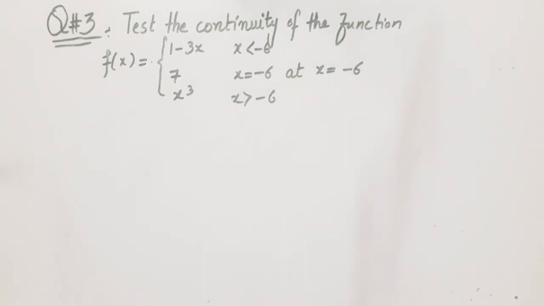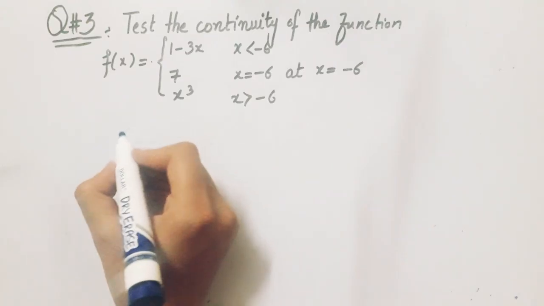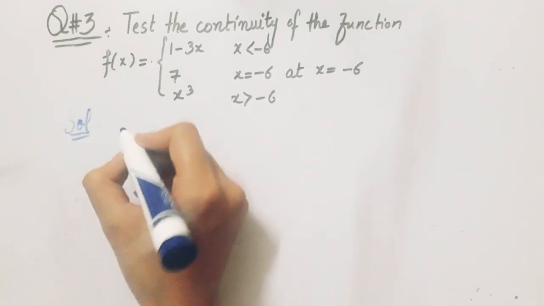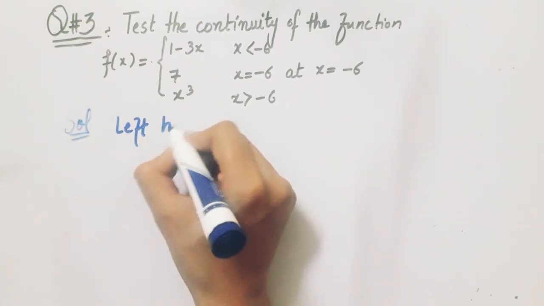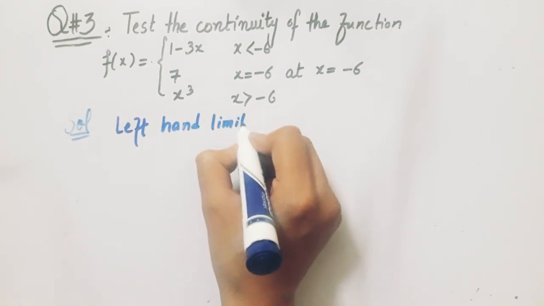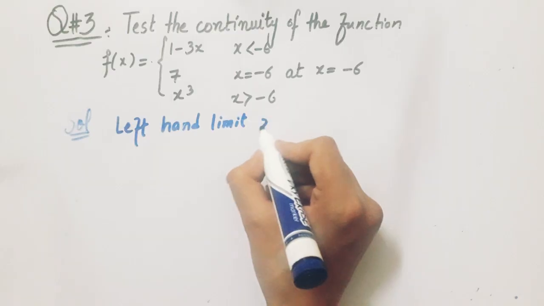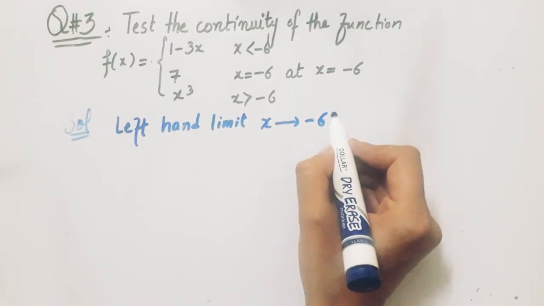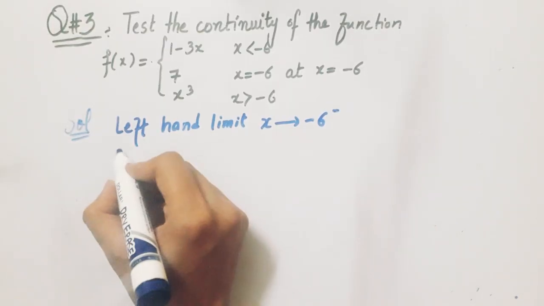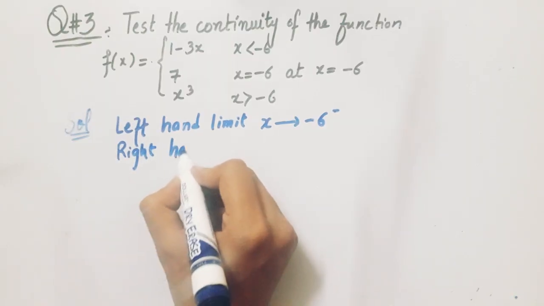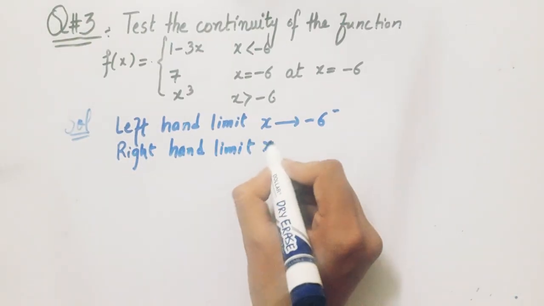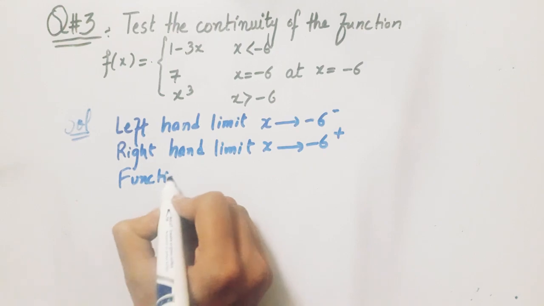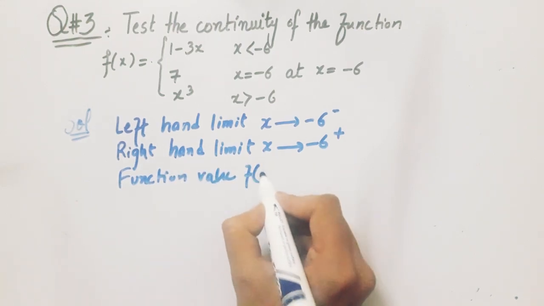So to check continuity, you will check your limits: the left hand limit, that means when x approaches -6 from the negative side, and the right hand limit, which means when x approaches -6 from the positive side, and the third one is the function value f(-6).